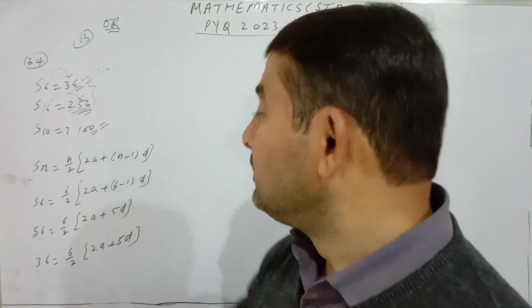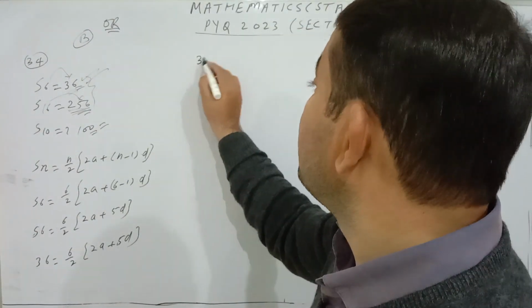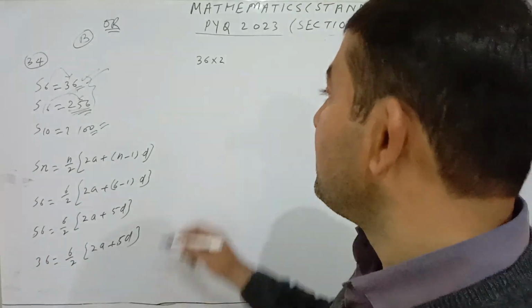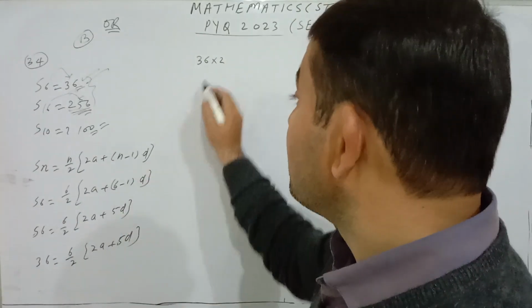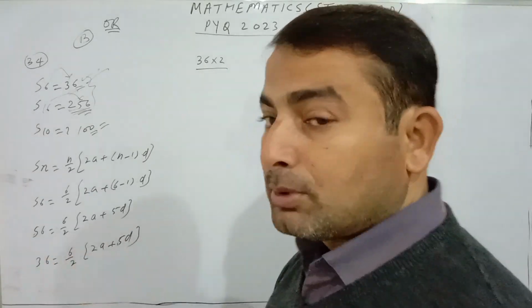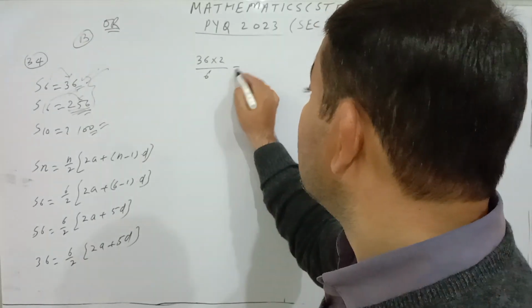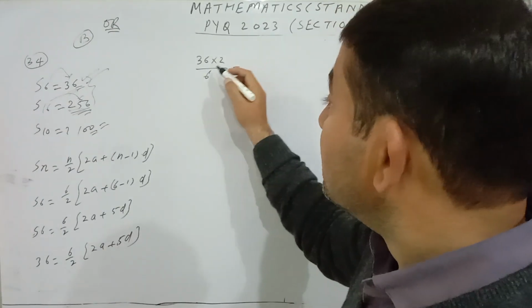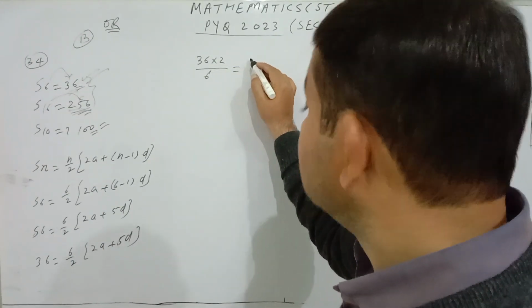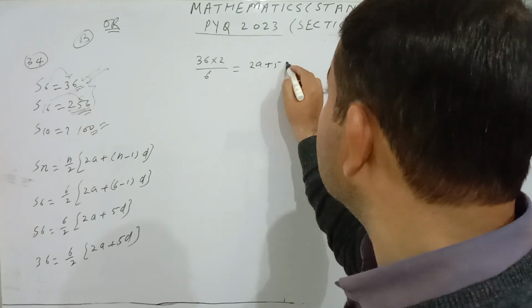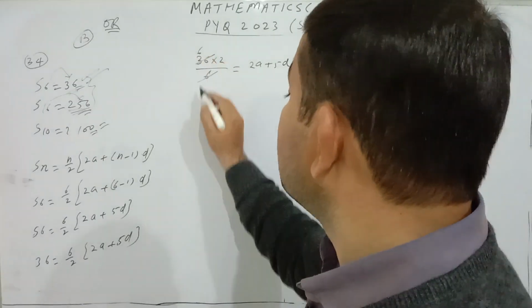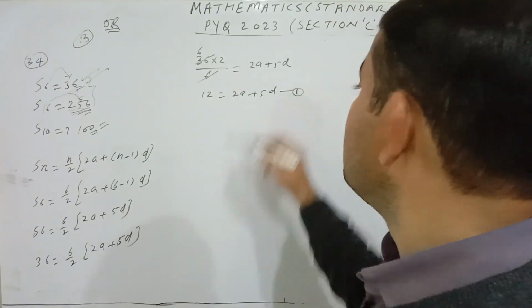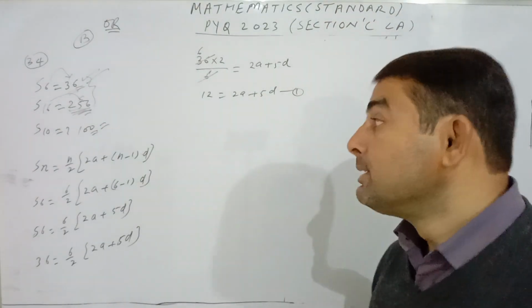Now we will transpose: 2 goes to the 36 side, so it becomes 36 into 2, and 6 goes to the left side and divides. So it becomes 2a plus 5d. 36 times 2 divided by 6 is 12, so 12 equals 2a plus 5d. This is equation number 1.